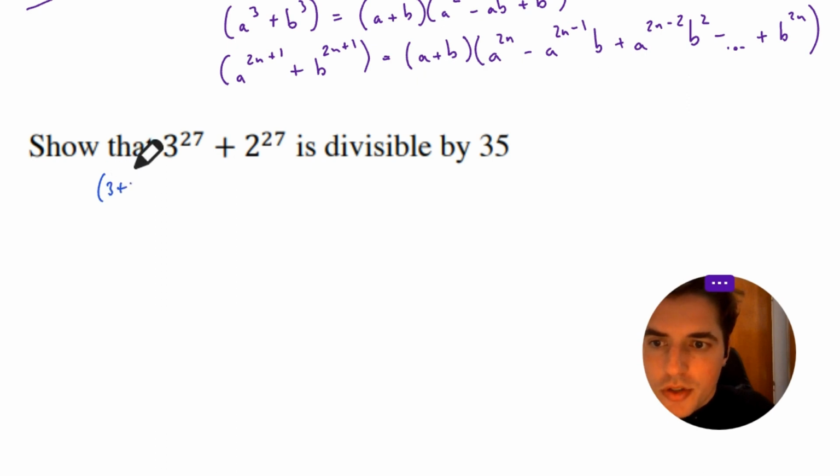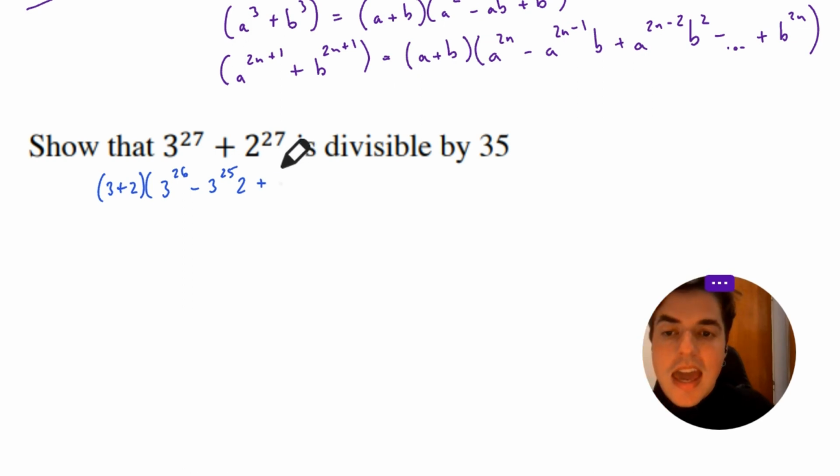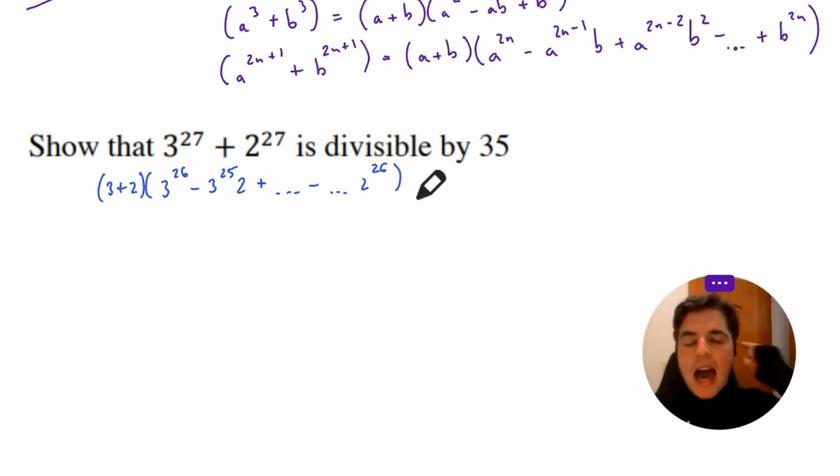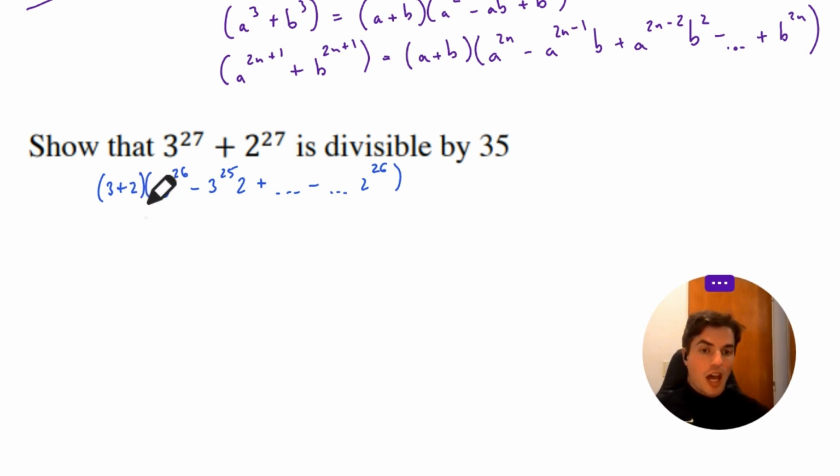So we'd have 3 plus 2 times 3 to the 26th minus 3 to the 25th times 2 plus, and so on and so forth, right? Up to 2 to the 26th. Yeah, if the question was show that it's divisible by 5, that would work. We'd be done. We would show that we factored out a 5.